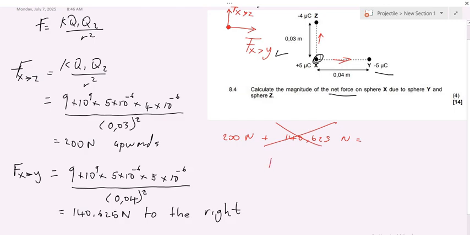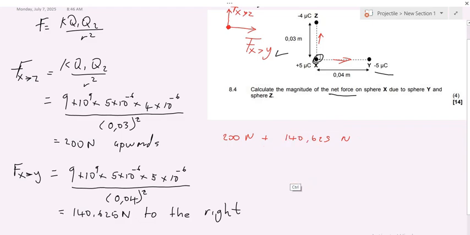It's because this one is along the y or vertical dimension, and the other one is along the x or horizontal dimension. We cannot simply add two vectors that are not in the same dimension. So we cannot do that.